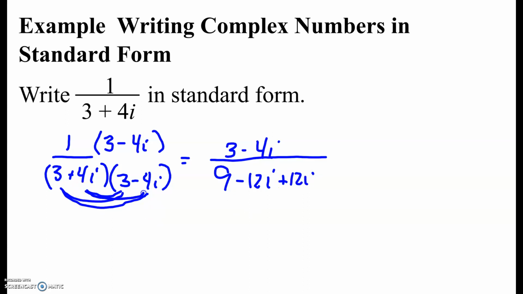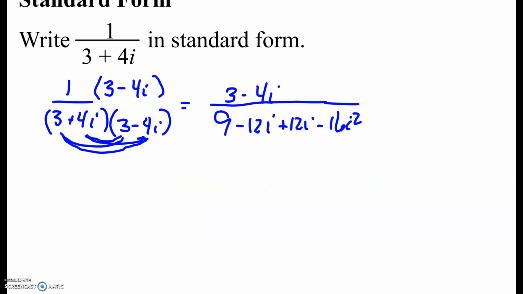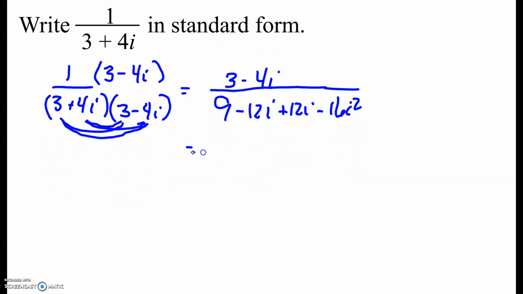And we get 4i times minus 4i, which is minus 16i squared. So there's nothing to simplify in the numerator. That's going to stay 3 minus 4i. In the denominator, our minus 12i and plus 12i cancel.